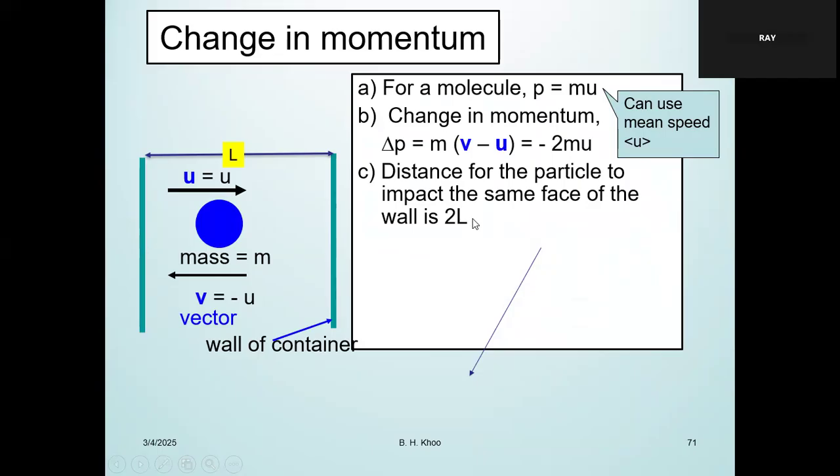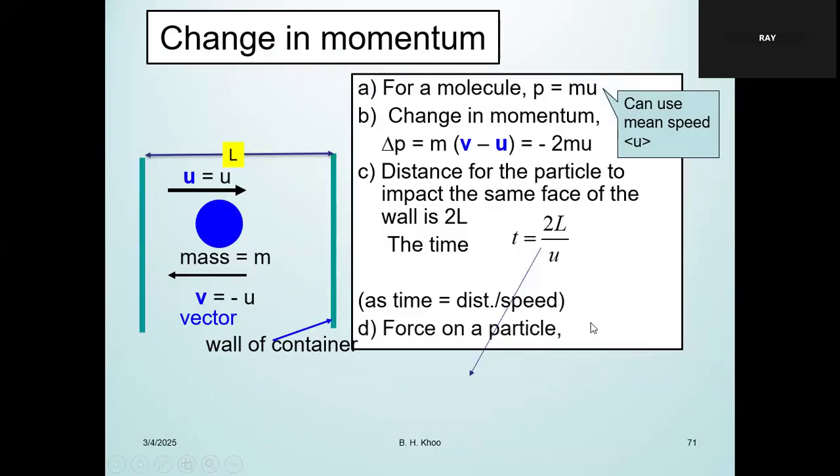Distance traveled is 2L, so the time is 2L divided by u. That's your total distance, that's the speed, because time is distance over speed. Then we use Newton's second law: change in momentum divided by time.